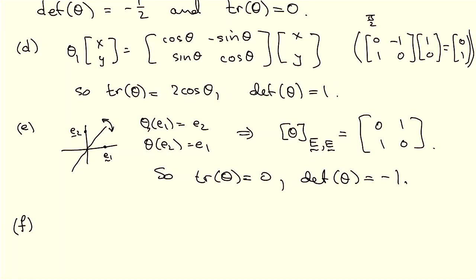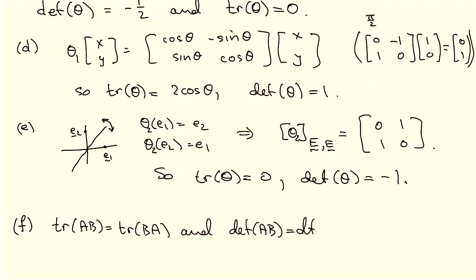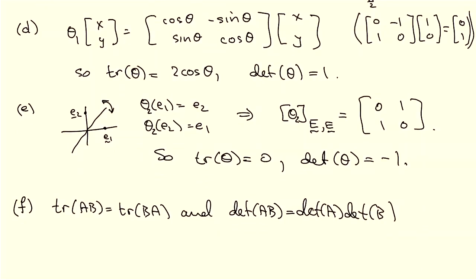So call them theta 1 and theta 2 or something. Trace of AB equals trace of BA, and determinant of AB equals det A times det B, which tells us that it doesn't matter which order we compose.